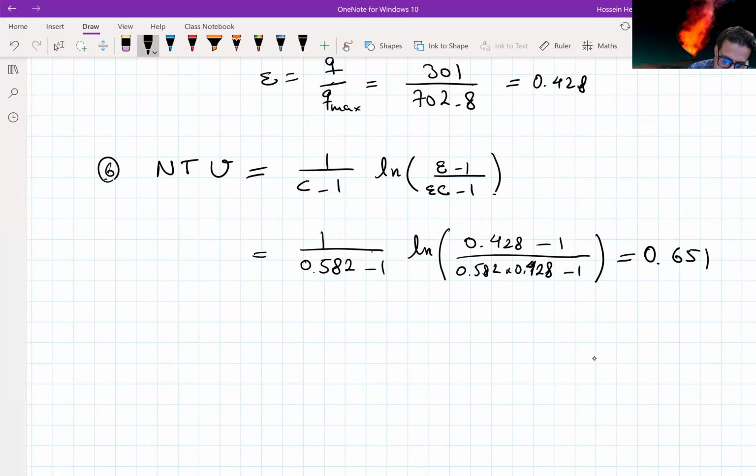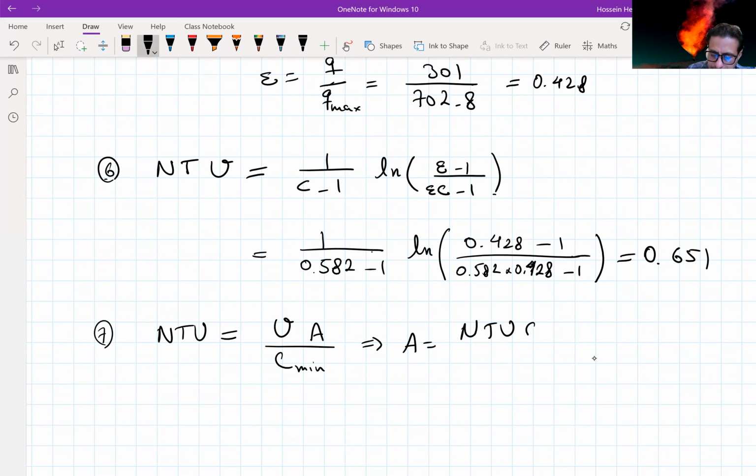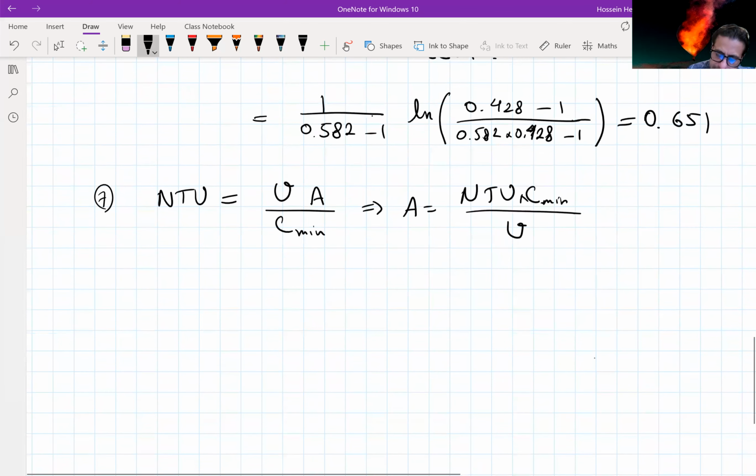And we know that this NTU is UA over C min. So from here, I can find the area that is needed: NTU times C min divided by U, the overall heat transfer coefficient.